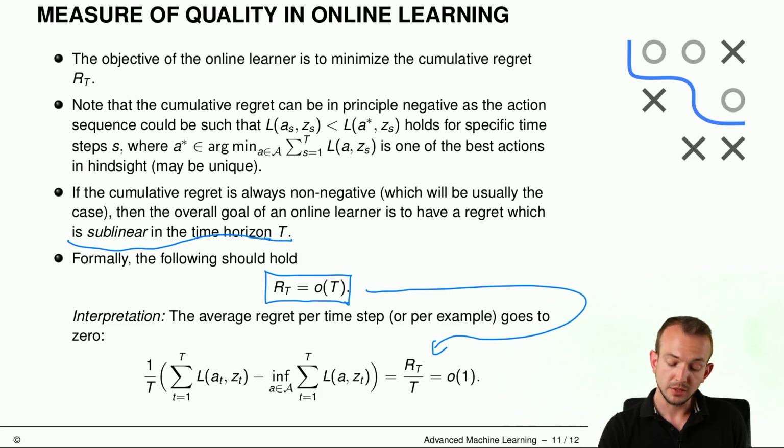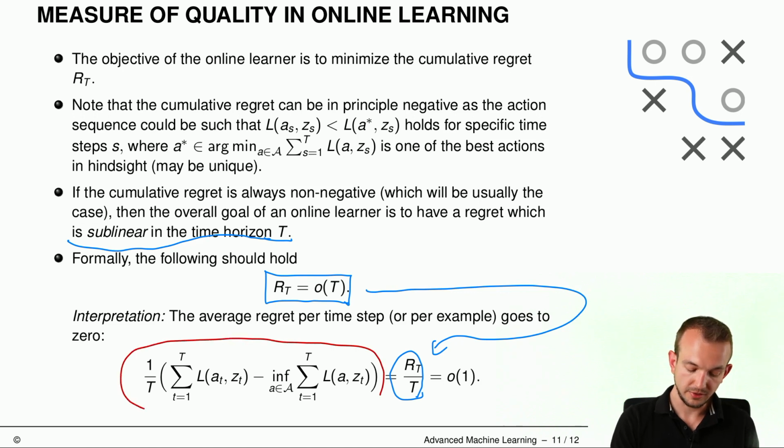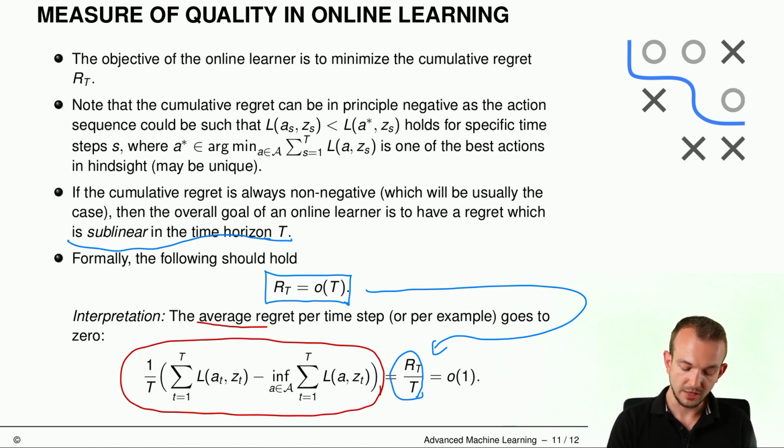But if we break down what this regret divided by T is, what we see is nothing else than the average regret we have per time step. So we compare here the losses of our online learning algorithm with the best action in hindsight, and then we divide it by all entries we have, and these are T many.